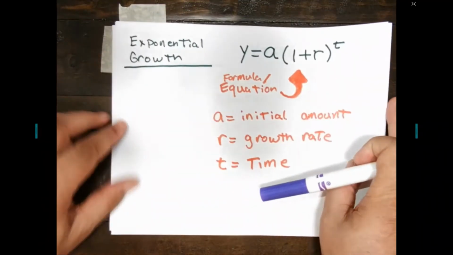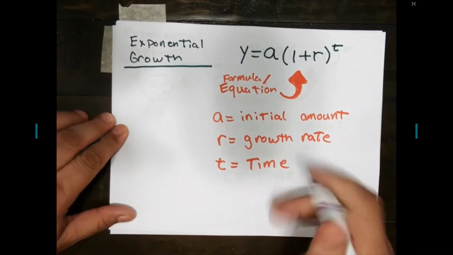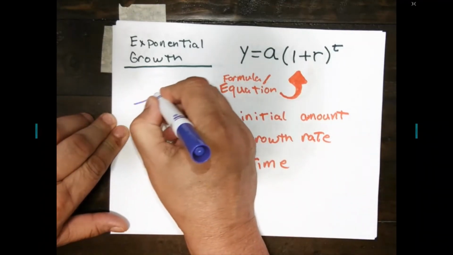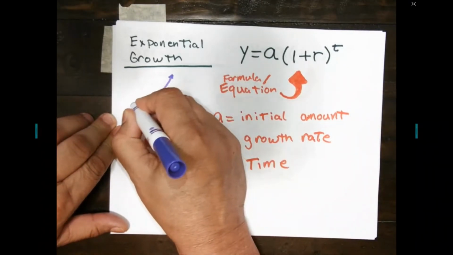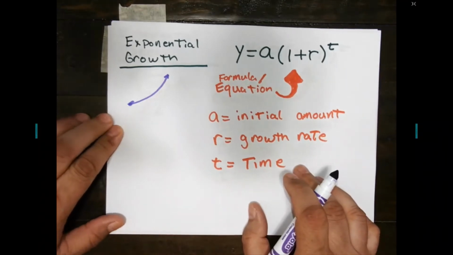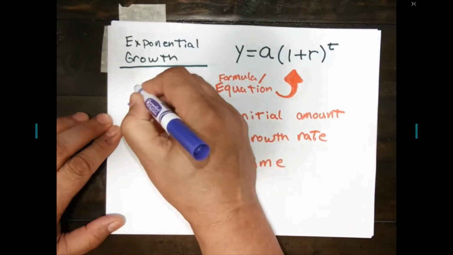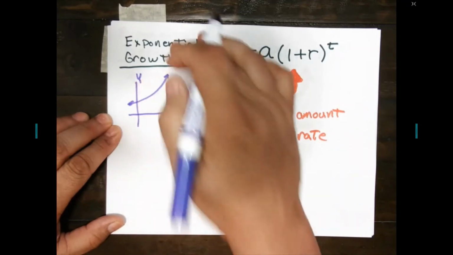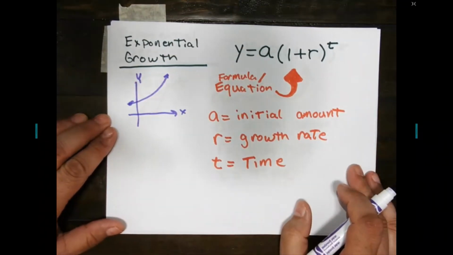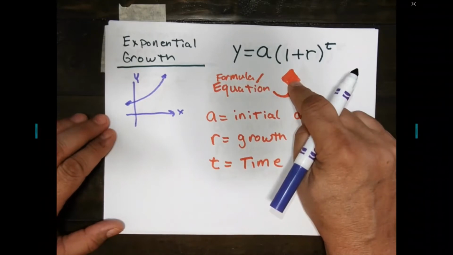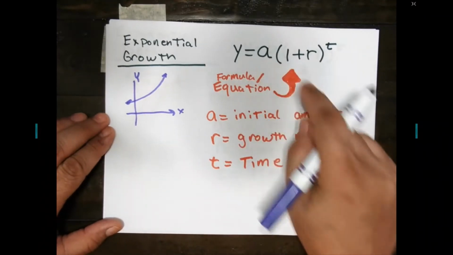Exponential growth. Remember, we talked about growth is the same thing as an increasing function. So growth, we know, has to climb, get more positive as x increases. So as x increases, the function increases. Here is the formula or the equation for exponential growth.